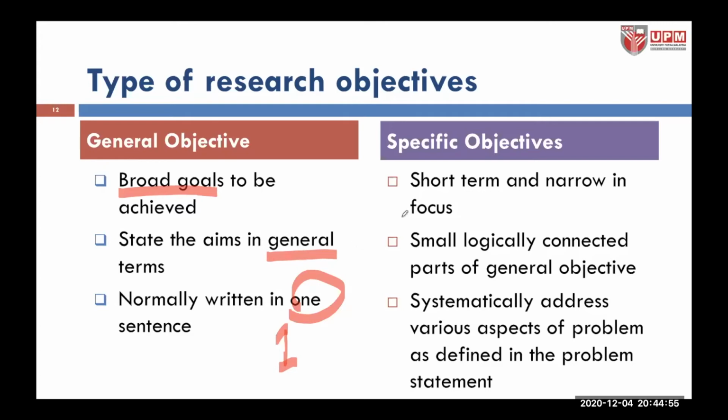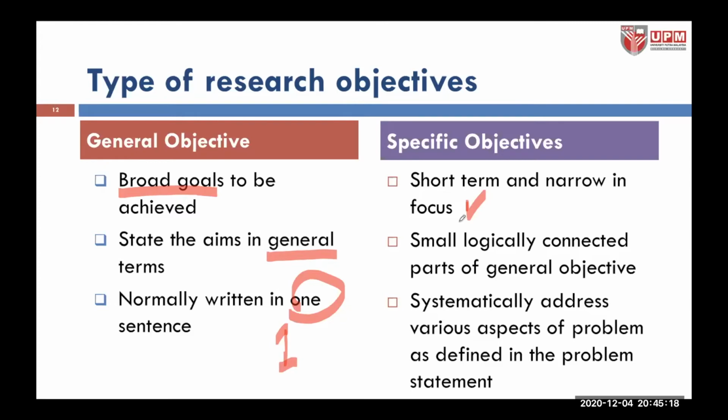Meanwhile, a specific objective will indicate a short term and not be narrow in focus, right? So you have the first objective, and then a student or researcher will try to achieve the first objective, followed by the second objective.